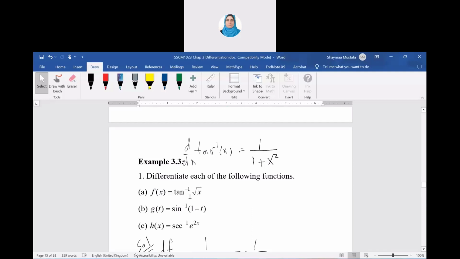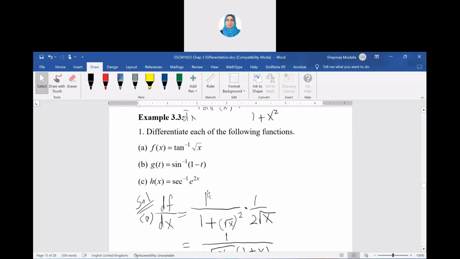Note that this is not a multiplication. This is a composite function. Instead of tan inverse x, I have tan inverse square root of x. So how can I find the derivative? I will start from tan inverse x. The derivative for tan inverse x is 1 over 1 plus x squared.